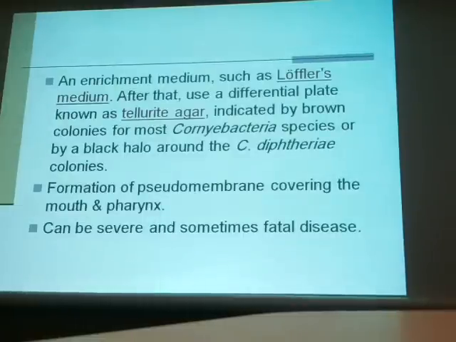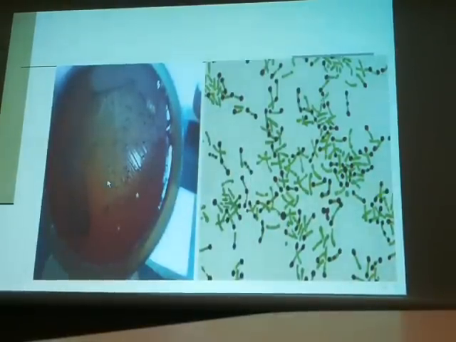So tellurite agar is the differential media for Corynebacterium diphtheriae. Due to the reduction of tellurite, it gives a metallic color, which is why we get brown colonies. This is characteristic for Corynebacterium diphtheriae.